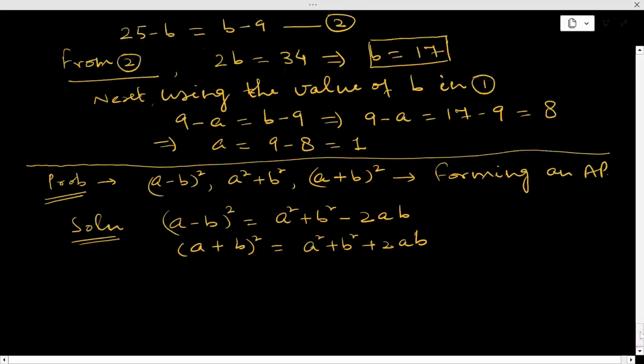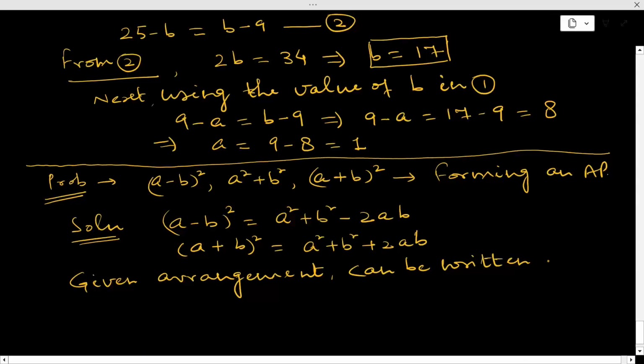So using this, now the given arrangement can be written as: the first term is (a minus b) whole square, so we have a square plus b square minus 2ab, then a square plus b square, and we are having a square plus b square plus 2ab.